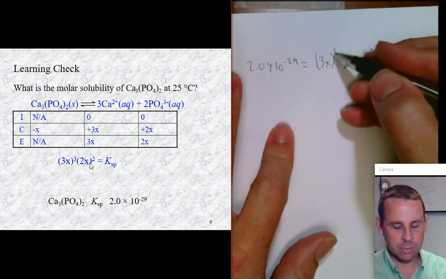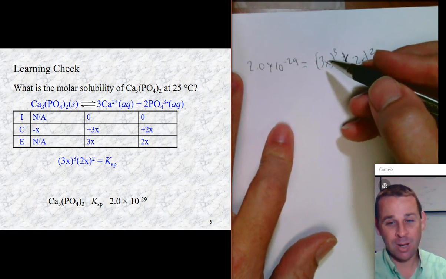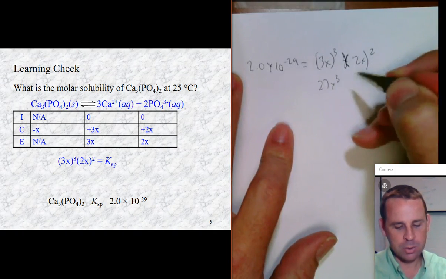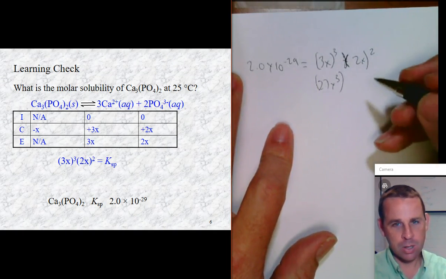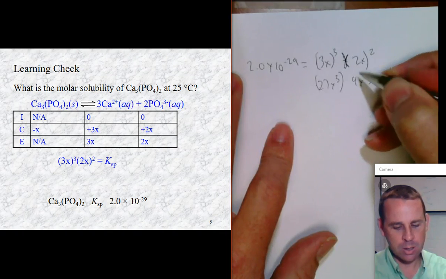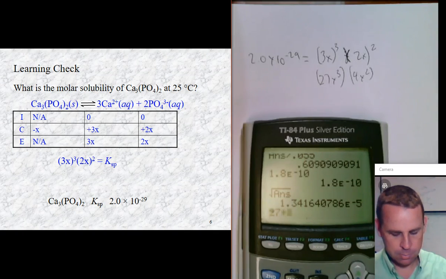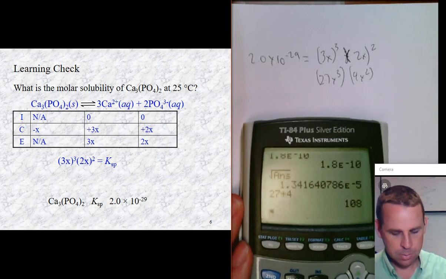Now, this is one where people always say 3 cubed is 9, but 3 cubed is 27. So we have 27x cubed here. 2x squared, that's 4x squared there. What's 27 times 4? 108.